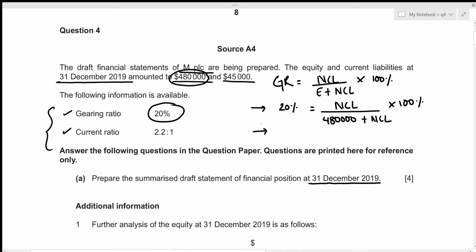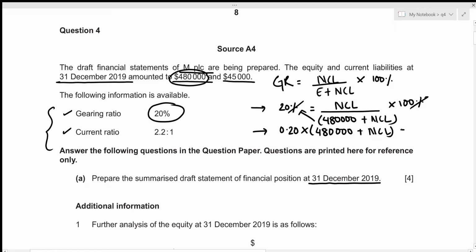Okay. So if you were to bring this 100% to this side, that would be 20 by 100, right? And the percentage sign can cancel each other out. So 20 by 100, we can just write it as 0.20. And we can cross multiply as well. So we can bring this denominator term to this other side, right? So let's just multiply that as well. So that's 480,000 plus the non-current liabilities.